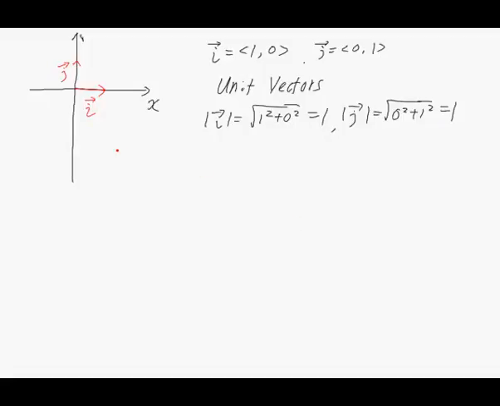Now, let's look at a general vector. Suppose I have the vector v, which is in component form. Then you can rewrite this vector v as the sum of these two vectors.